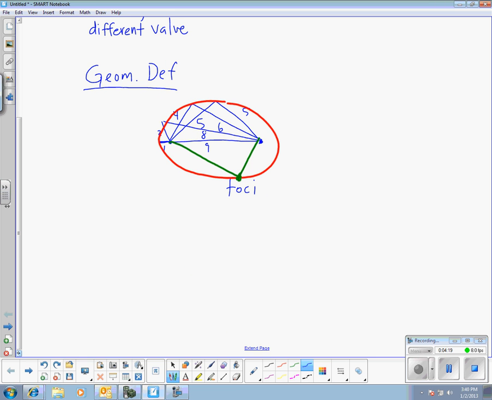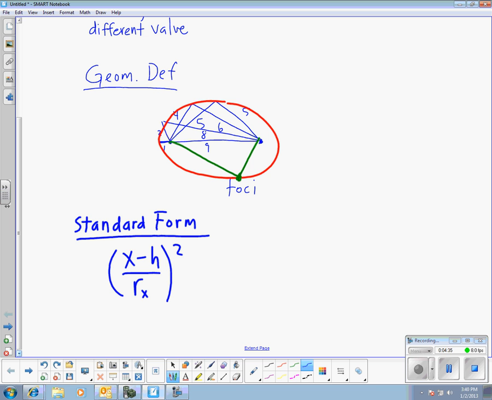Standard form of an ellipse looks like this. (x minus h) over r sub x, squared, plus (y minus k) over r sub y, squared, equals 1.